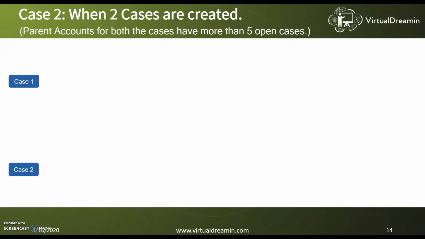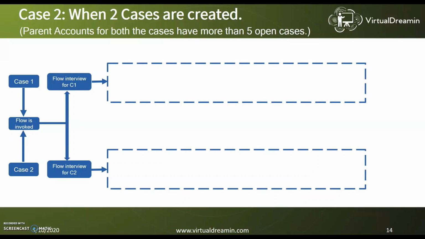Once the cases are in the process of getting created, the flow is invoked, and the flow is going to run a flow interview. Basically that's how it works behind the scenes in the flow builder. Each record in the transaction will have its own separate flow interview, and they kind of run in parallel.